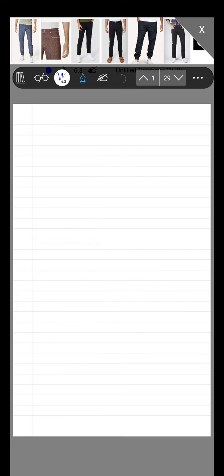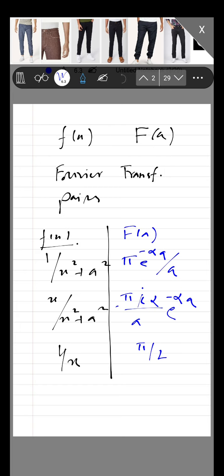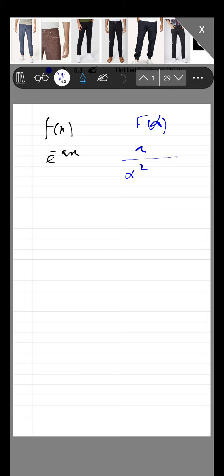And similarly, we have f(x) as e to the power minus a x, and then F(alpha) will have the value a divided by a square plus alpha square.